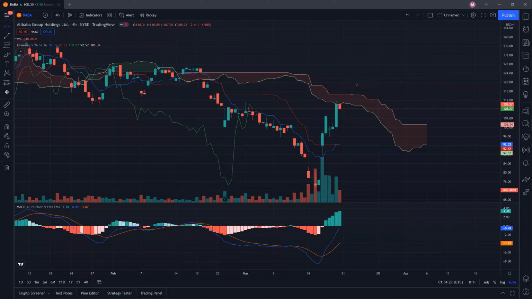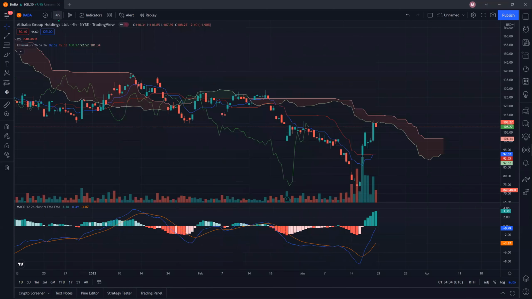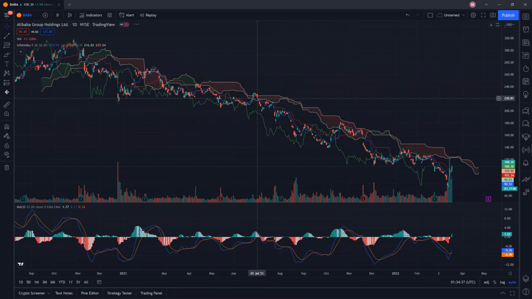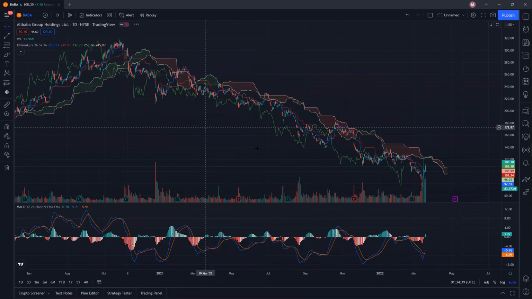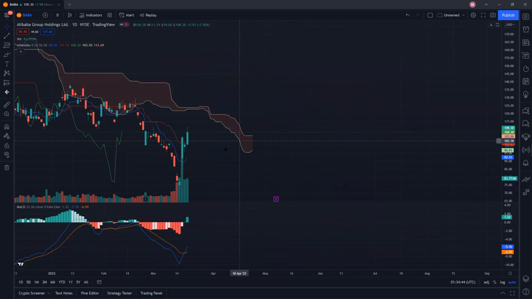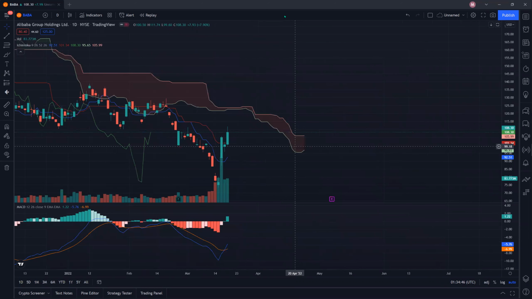So nevertheless, if you look at Alibaba, we are still on a downtrend. So it isn't too early to celebrate yet, even though we had a very strong rebound. We also have some gaps to fill. If you look at Alibaba from about a few weeks ago, there are some gaps here at around 118, 122 levels.